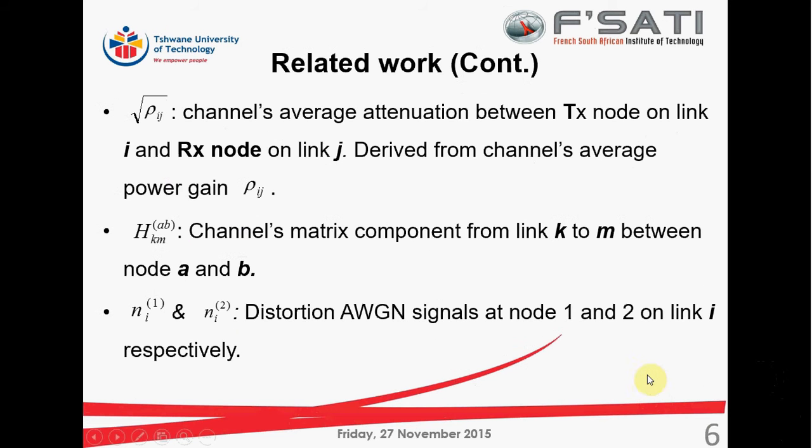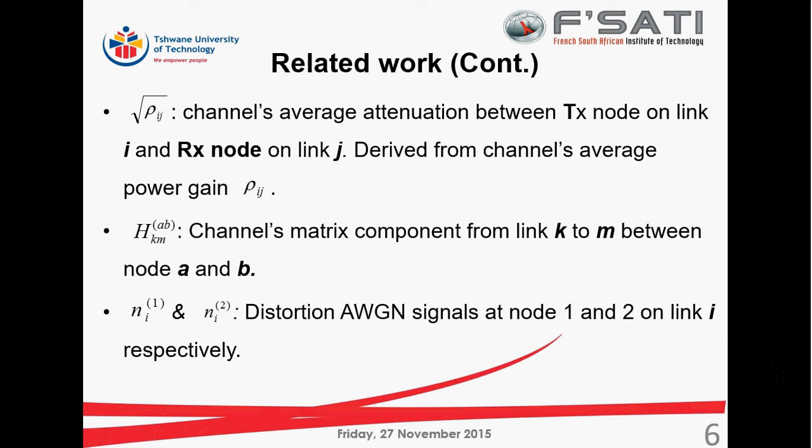But as we move forward, we also realize that there's a parameter called phi ij, which, when given in terms of the square root of phi ij, denotes the channel's average attenuation between the transmitting node on link I and the receiving node on link J, as derived from the channel's average power gain, which is phi ij.